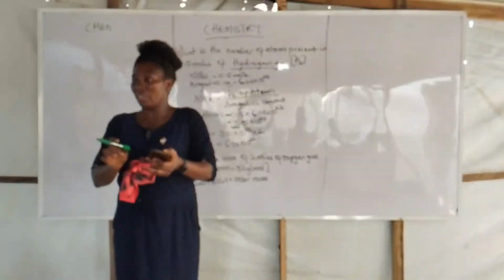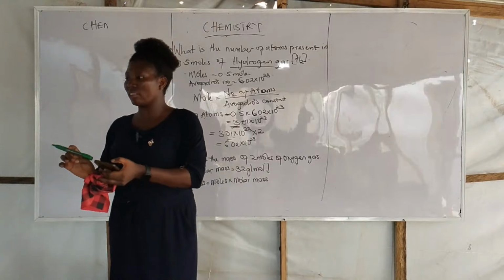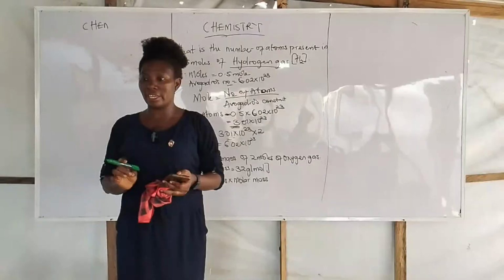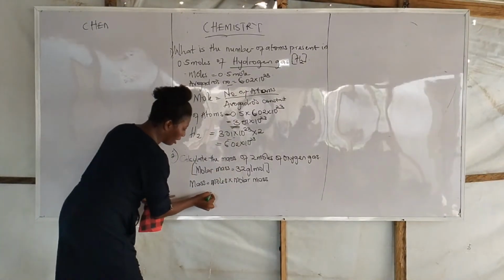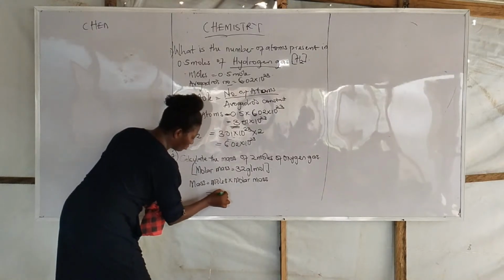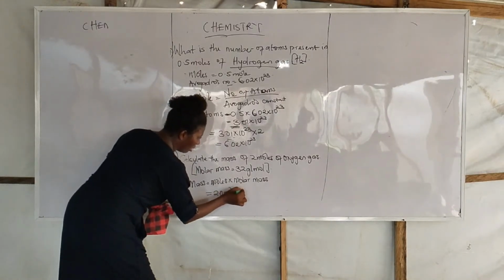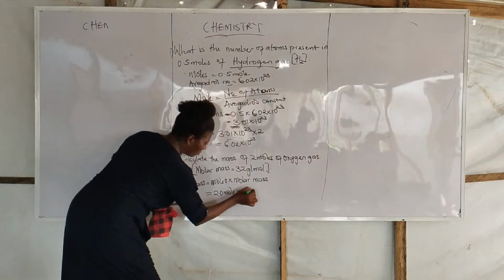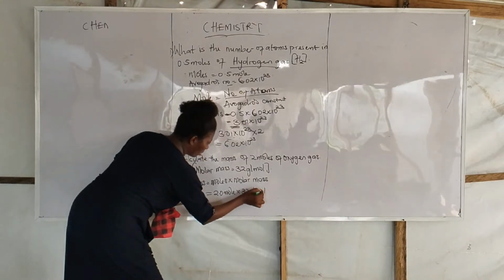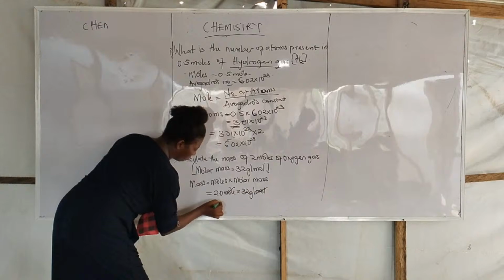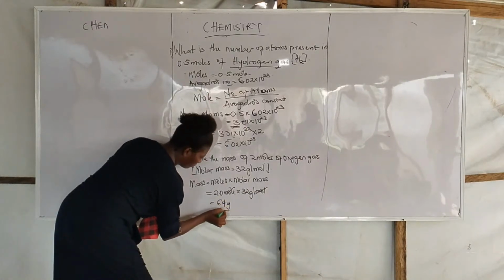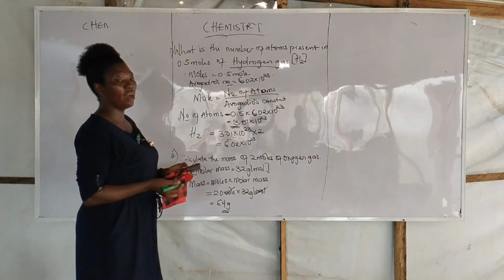So far it's not Avogadro's constant, it doesn't affect the formula. So what we have here is 2 moles given times 32 gram per mole. Mole cancels mole, then we have 64 gram.